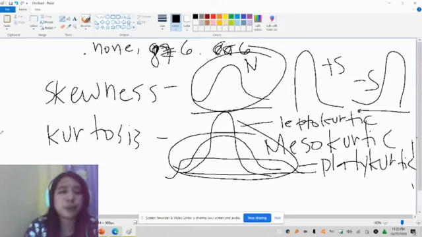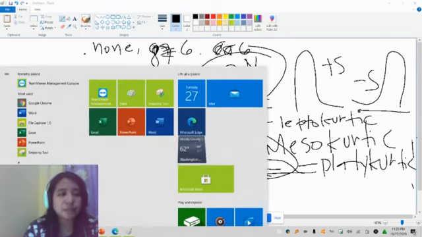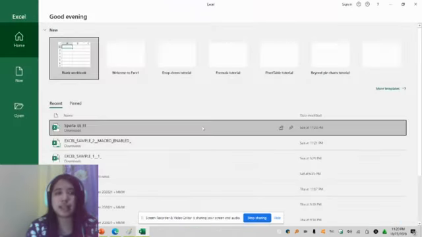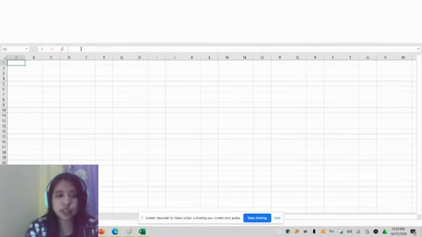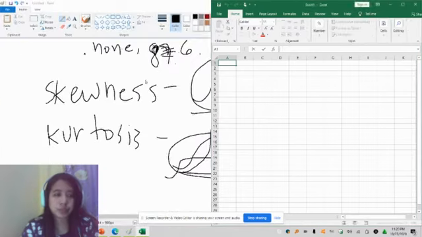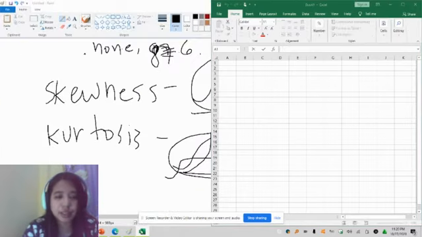We actually have several formulas to compute skewness and kurtosis, but what we are going to consider is the computation in Microsoft Excel. So let us consider the kurtosis of our data. Let's go back to the given data.